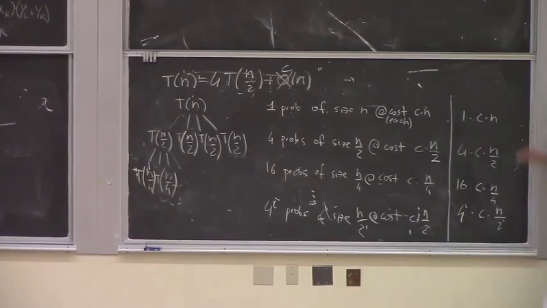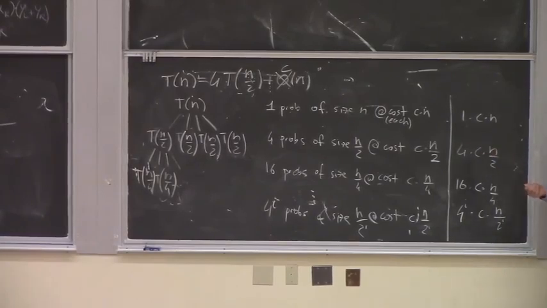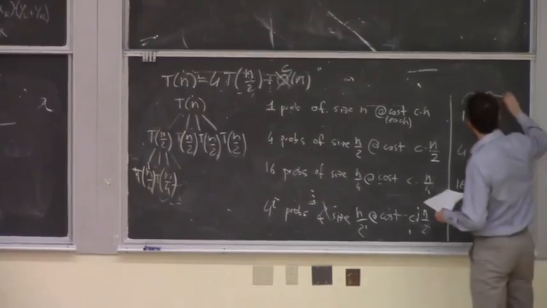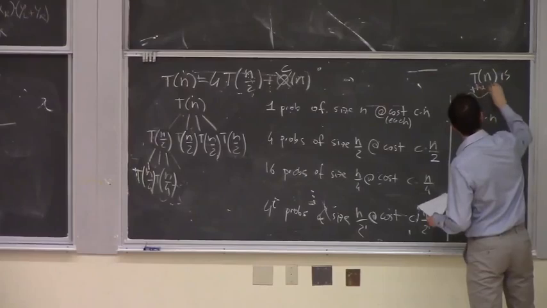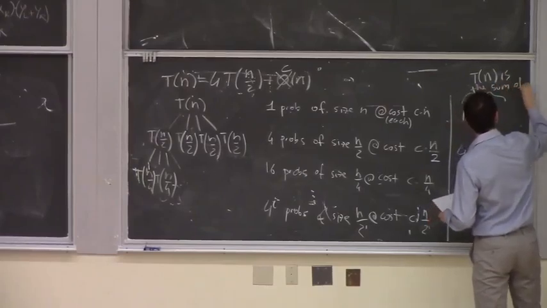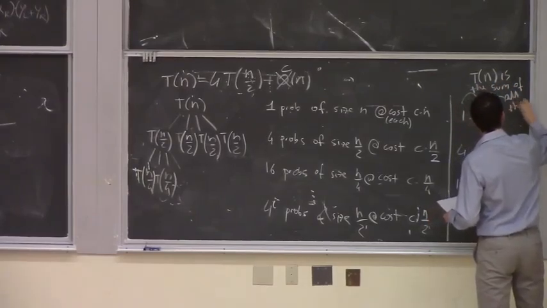Now, these are the costs per layer. What is the total running time, the solution of this recurrence? The sum of all these things. So T of n is the sum of all these.